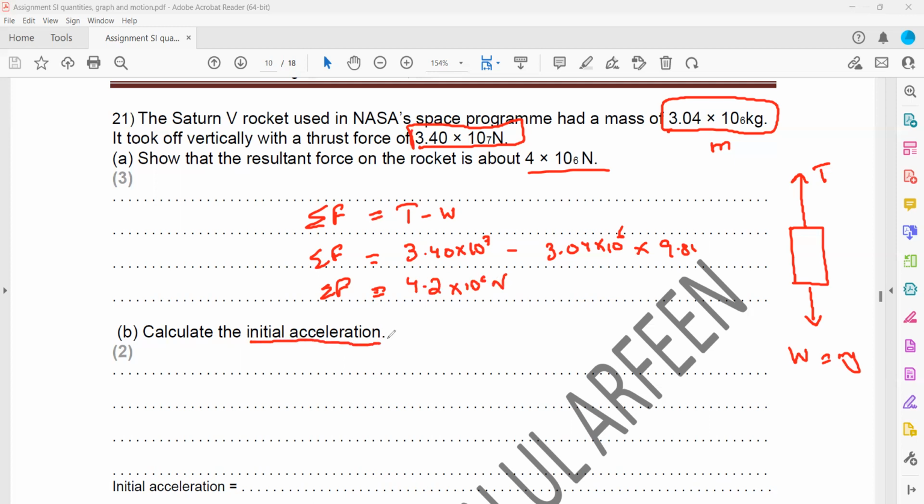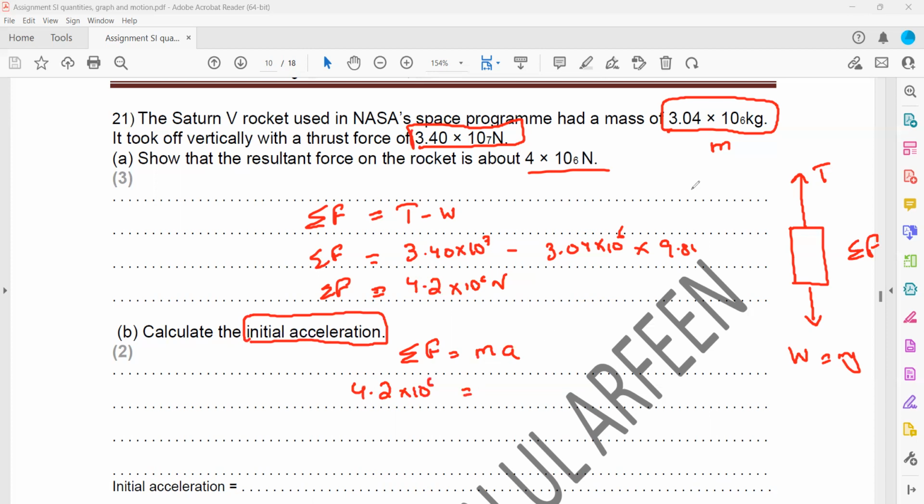Then we need the initial acceleration. How much does this rocket accelerate? We have the formula that resultant force is equal to mass times acceleration. Whenever there is a resultant force, it equals the product of mass and acceleration. We already have the resultant force from the previous part, which is 4.2 × 10^6.